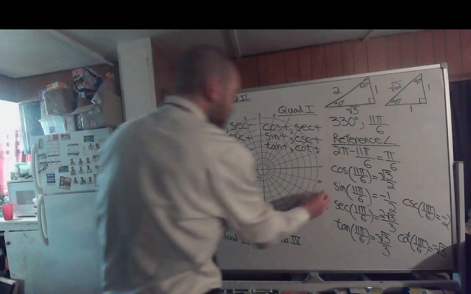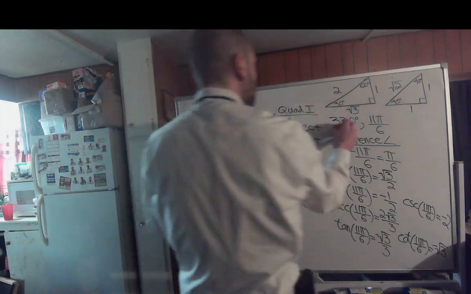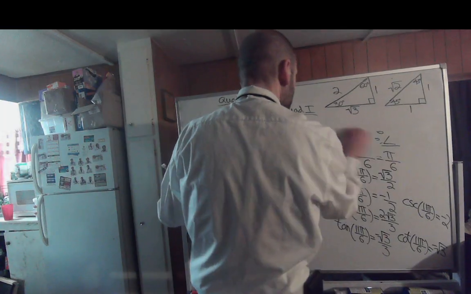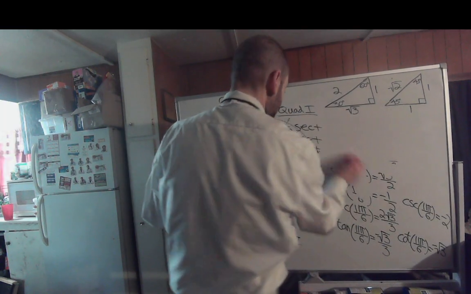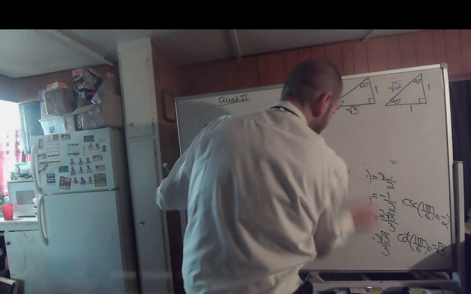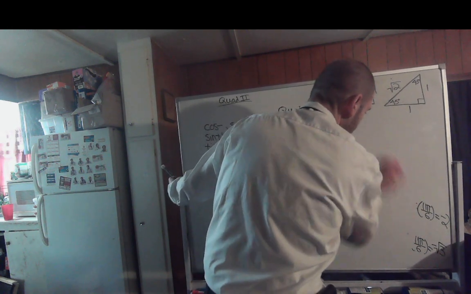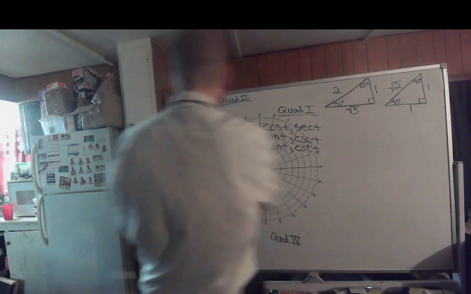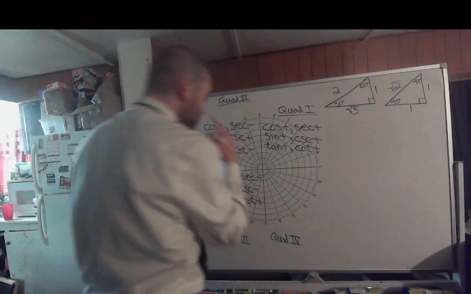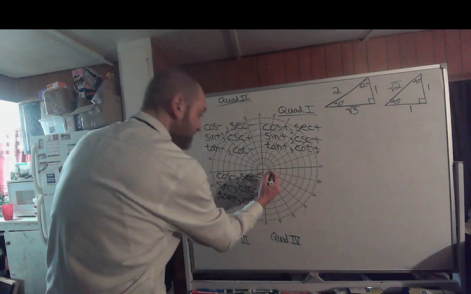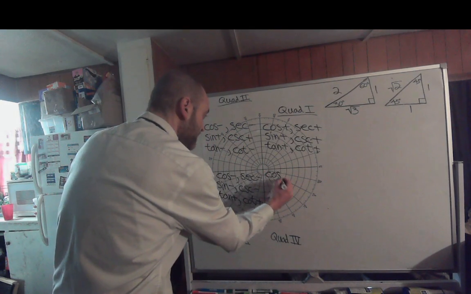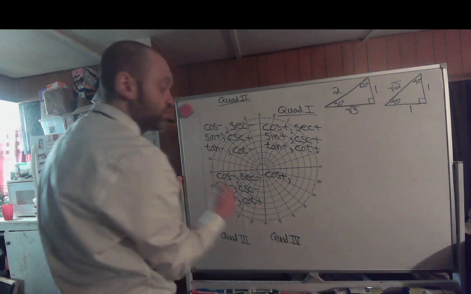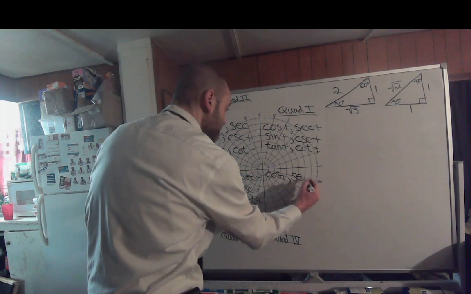So now, what is going to be true here for the fourth quadrant? Alright, so in this case, the cosine's positive, right? Because your x is positive, which means your secant will also be positive.